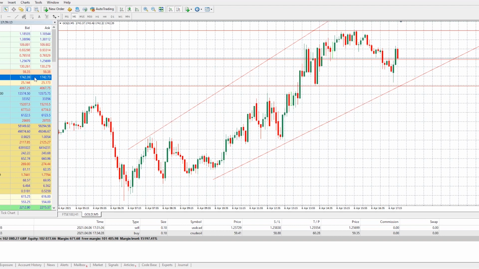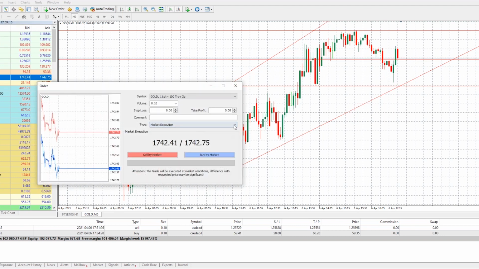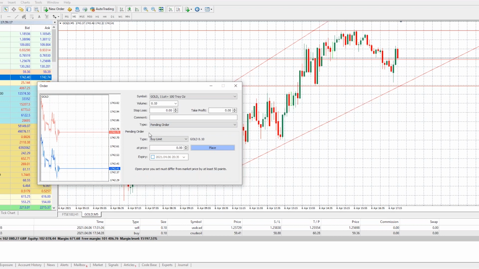So since we didn't successfully prepare a pending order yet, let's do that. Pending order, buy limit, buys from a lower price. And so the at price then would be 1740 or so, 1740.5 to get closer to this support level.